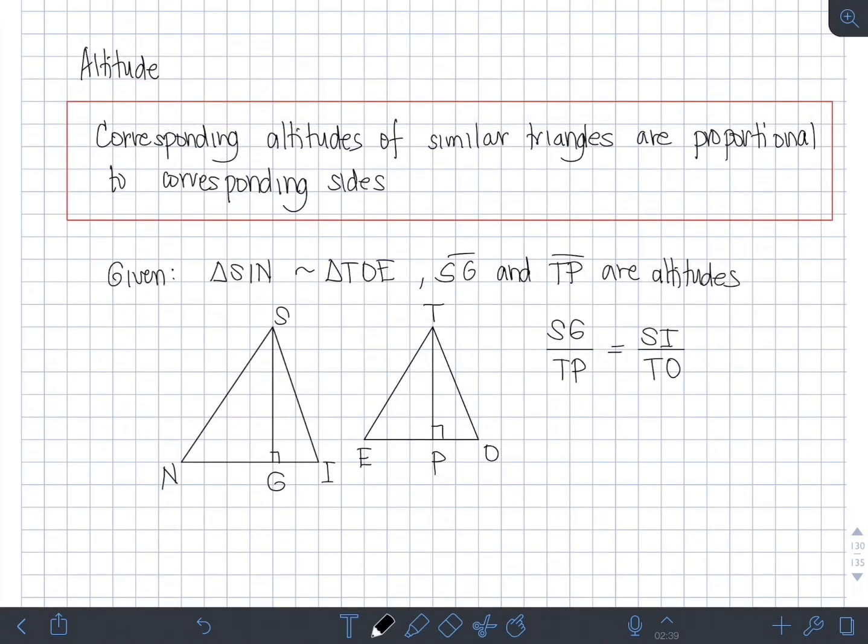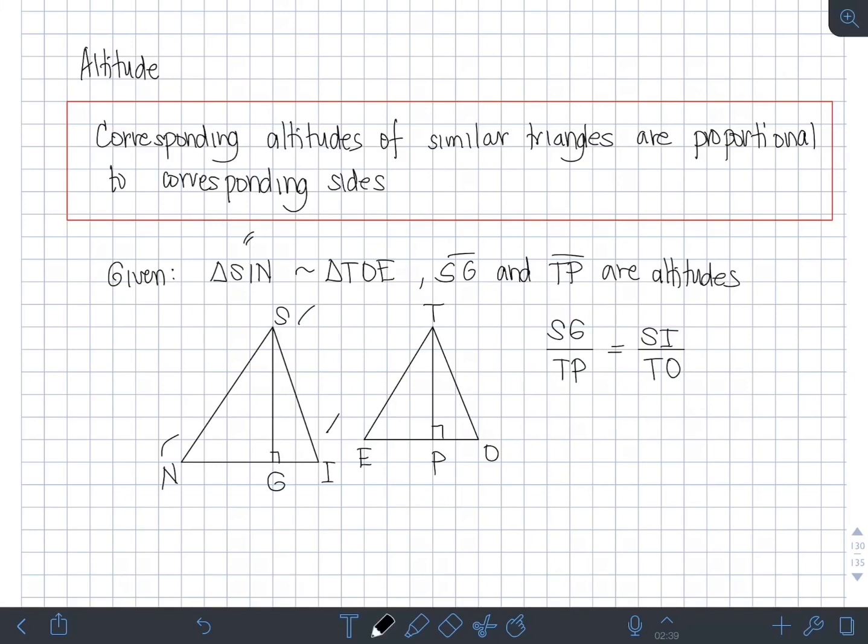So, this time, ang altitude naman is a segment starting from a vertex going to opposite side that is perpendicular to that side or 90 degree. Right? So, sabi, corresponding altitudes of similar triangles are proportional to corresponding sides. Okay, so halimbawa, meron tayong triangle SIN.